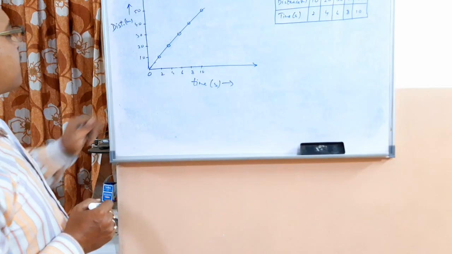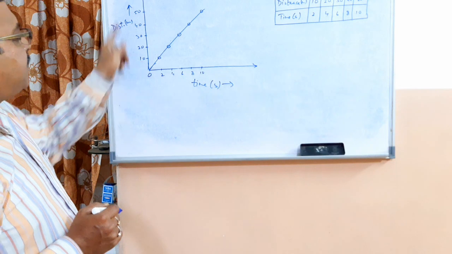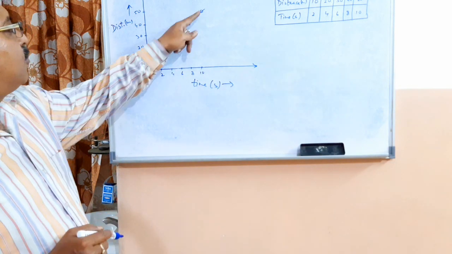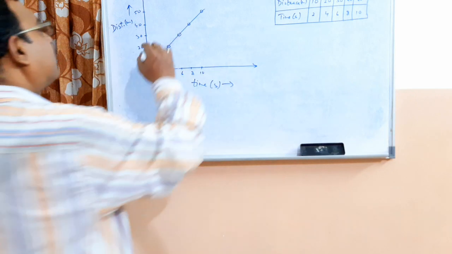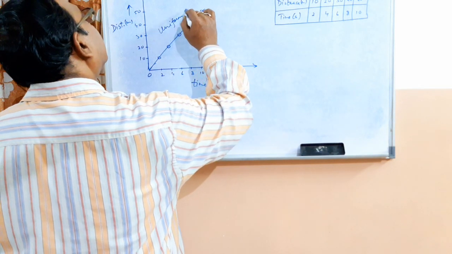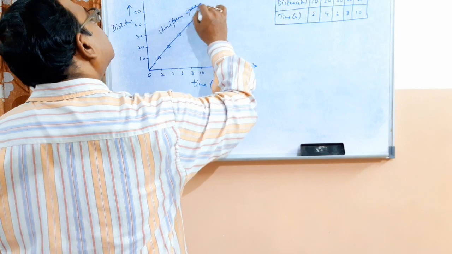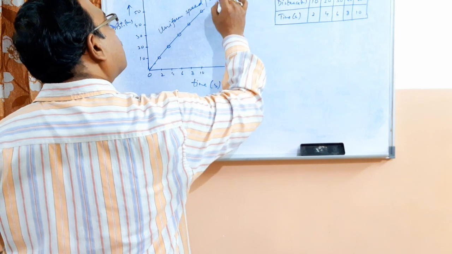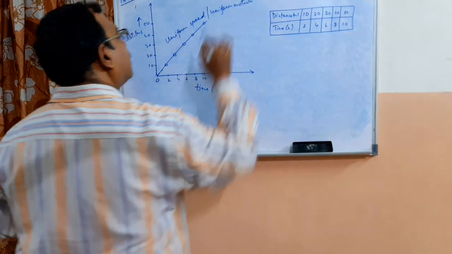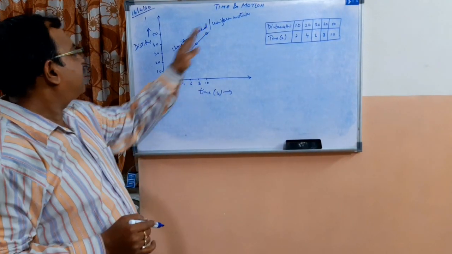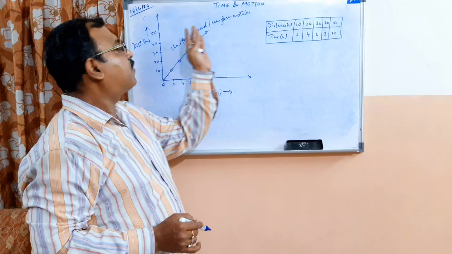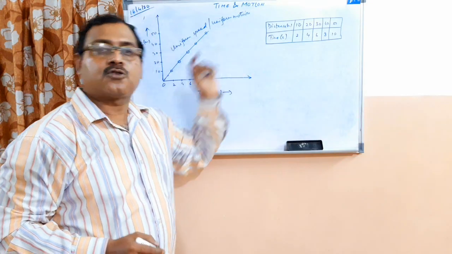Now see here, in this case, you are getting a straight line. So this is a case of uniform speed, or you can say here uniform motion. So whenever you will get in distance time graph a straight line, it will represent uniform speed or uniform motion.